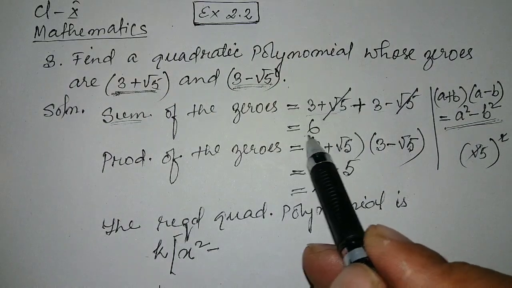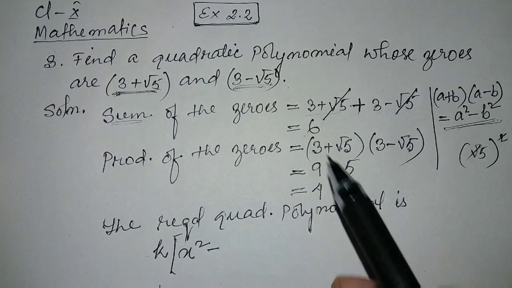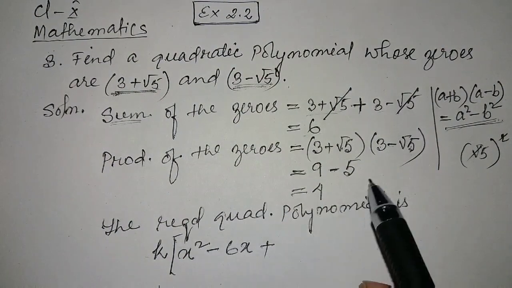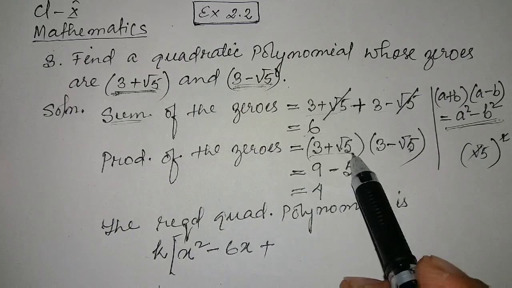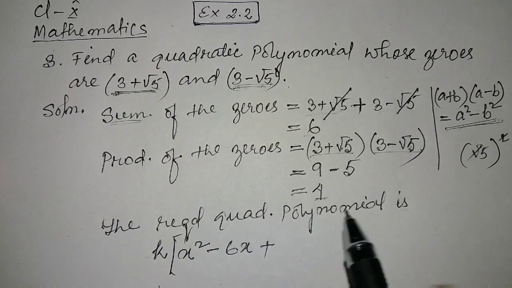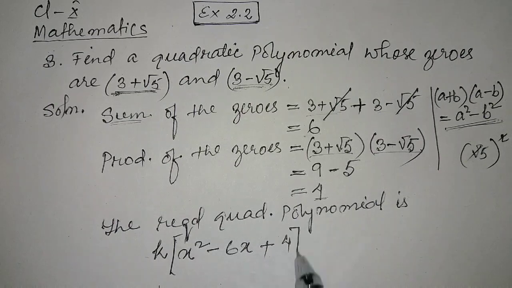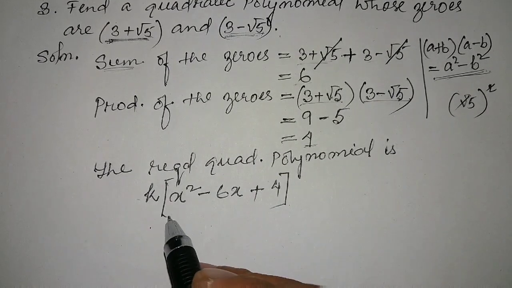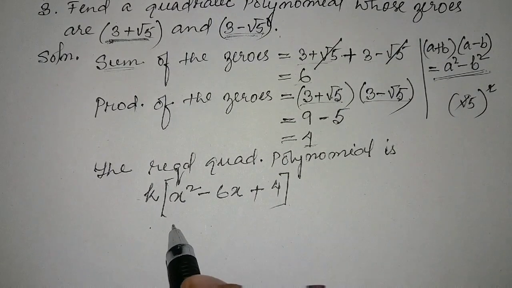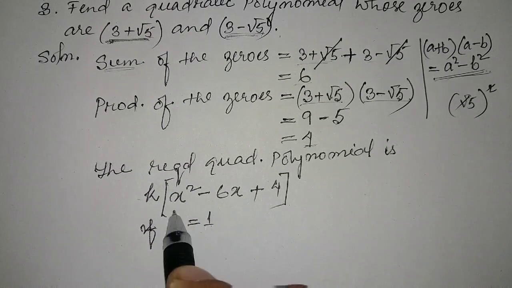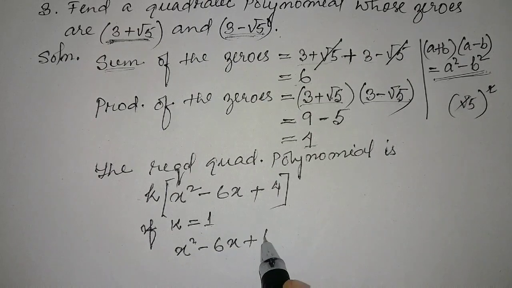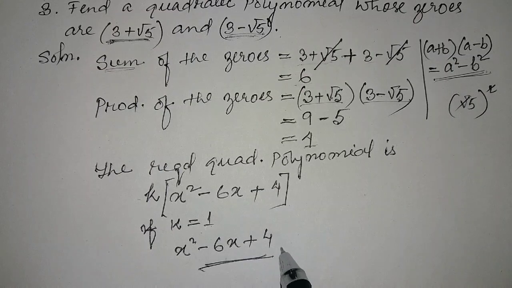So here our sum of these two zeros is 6, x plus the product of the zeros. So here the product of these two zeros is 4. Now k can take any values. The simplest one here we can get is 1. So if k is equal to 1, then we will get here x square minus 6x plus 4. So this is the required quadratic polynomial.